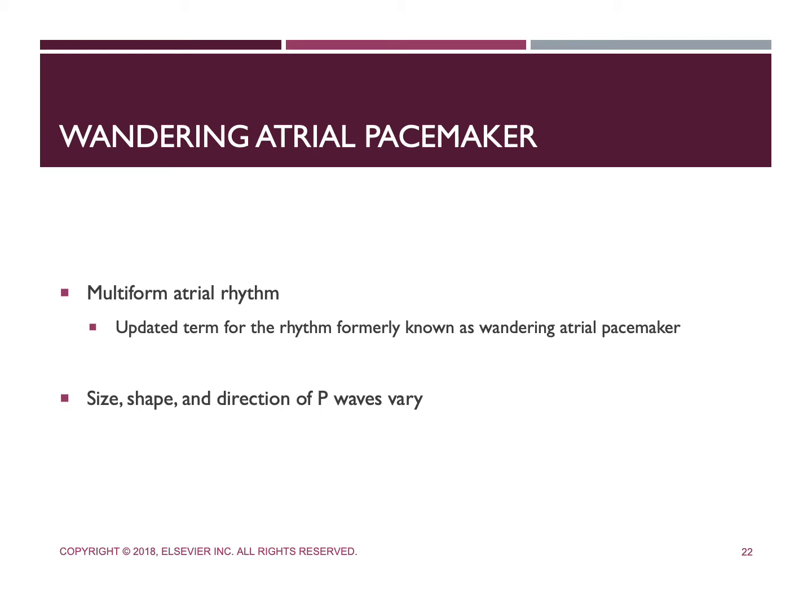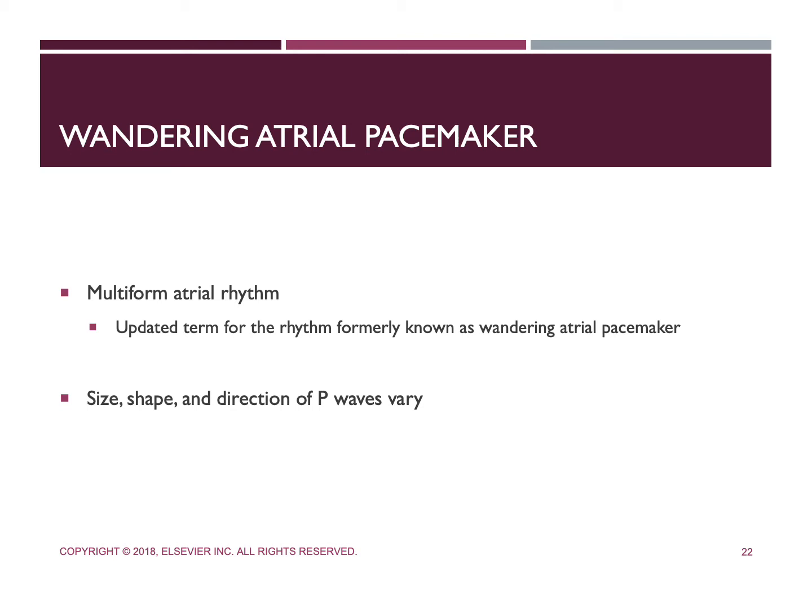Now, multiform atrial rhythm is an updated term for the rhythm that we used to call wandering atrial pacemaker. So with this rhythm, the size, the shape, and the direction of the P wave is going to vary, sometimes from beat to beat.